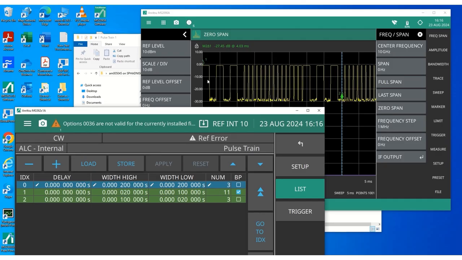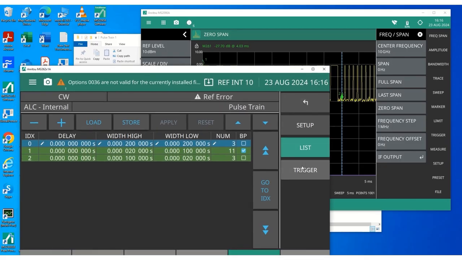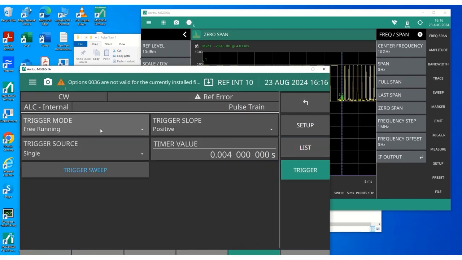So you have the first pulse burst with 3 pulses, 50% duty cycle. Then you have the second burst with 11 narrow pulses, and you have the third burst with 3 wide pulses again. So that's our 3 pulse bursts, and then the same is repeated again, because we chose the free running mode and trigger source as internal.